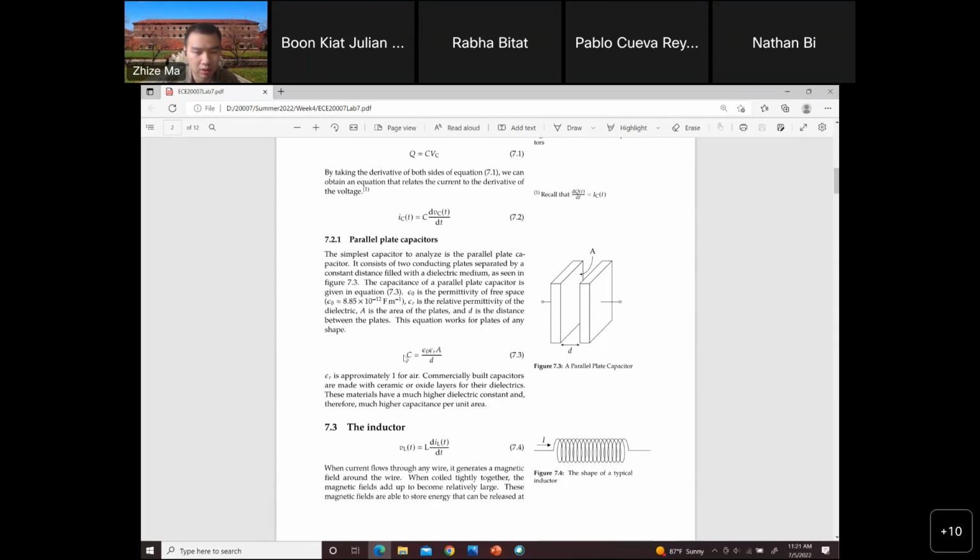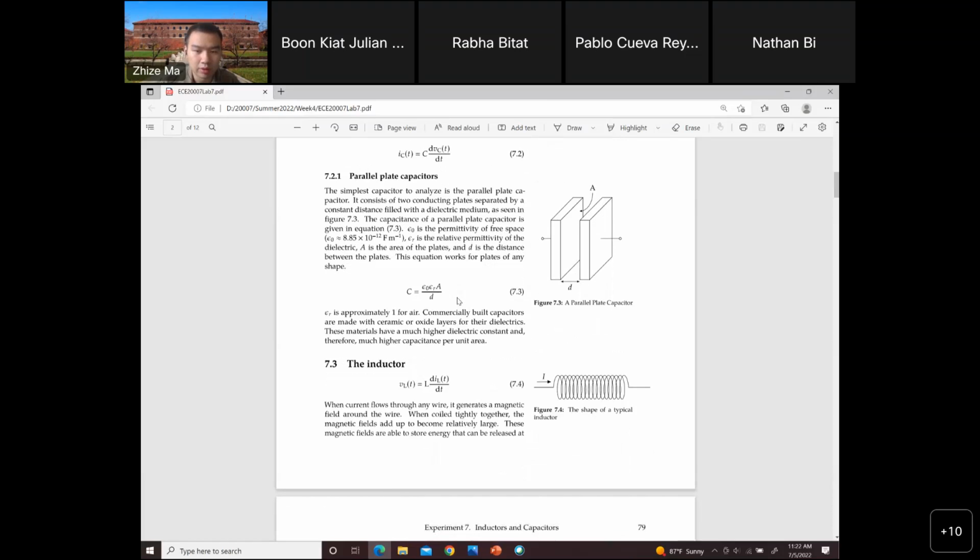C is the capacitance, d is the distance between the two metal plates, and A is the area of the metal plate. Then this is the permittivity, and this is the relative permittivity. You can find the number here. Different insulators have different relative permittivity. This is how you physically calculate the capacitance.